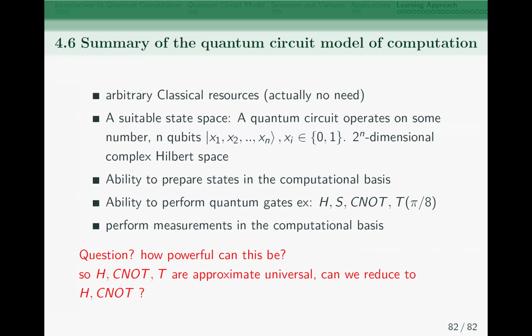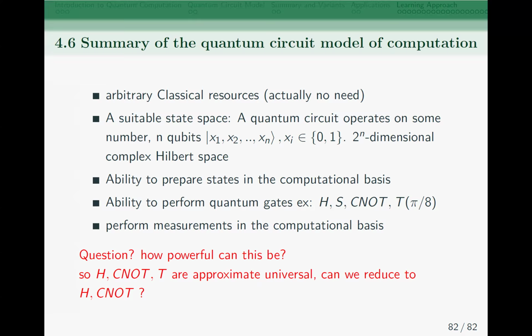Okay, so a summary of this quantum circuit model. In order for us to do this quantum circuit model, we need to be able to prepare arbitrary states in the computational basis. And we are not allowed to do arbitrary unitaries now. We only have the elementary ones.